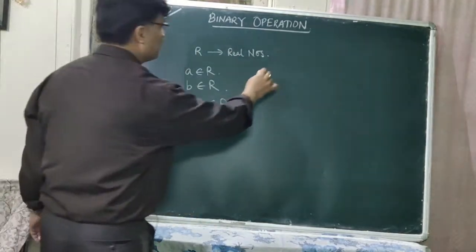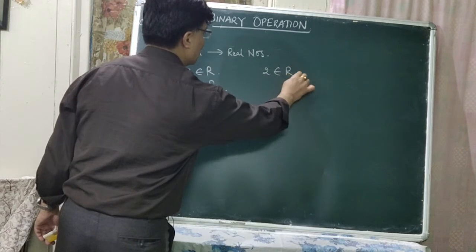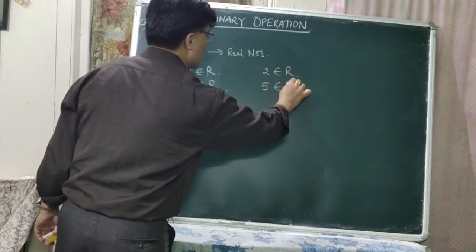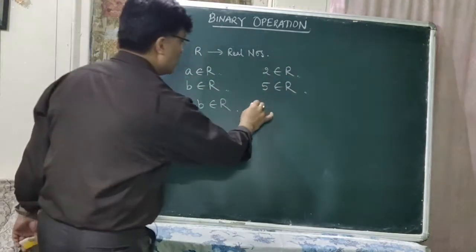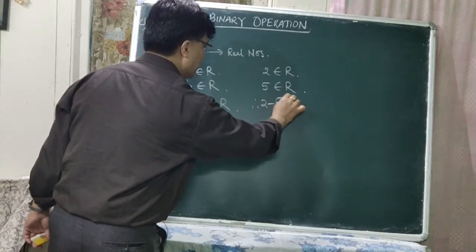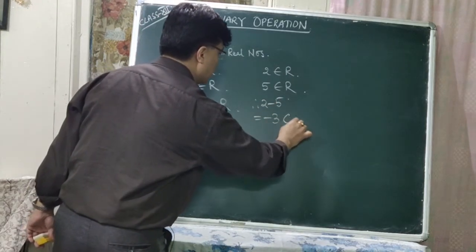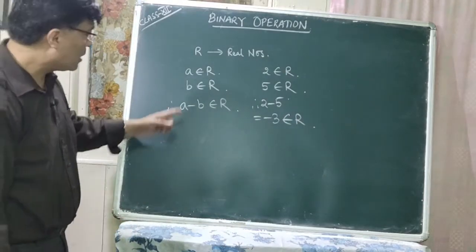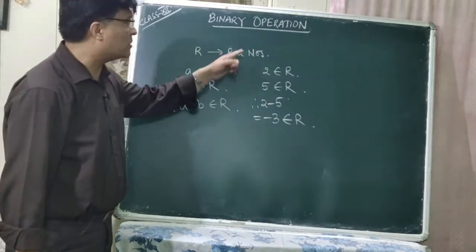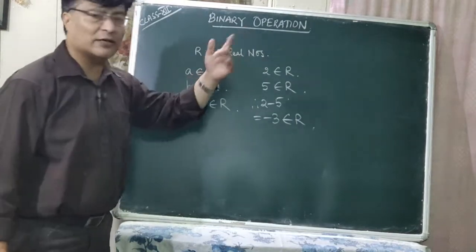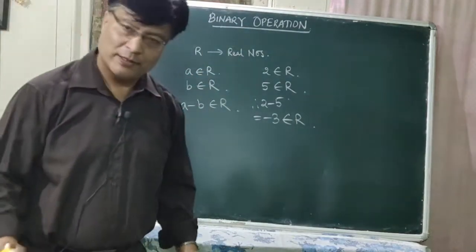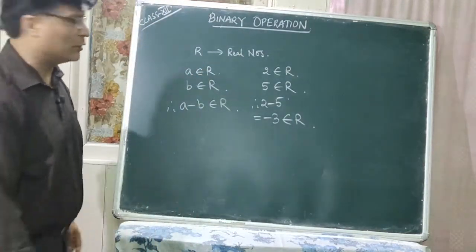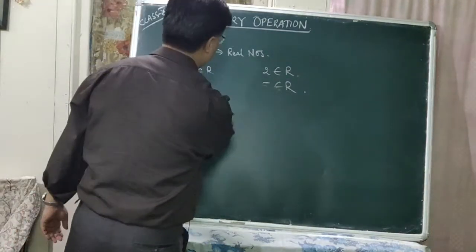So if you take 2 belongs to real numbers and 5 belongs to real numbers, then 2 minus 5 is equal to minus 3, which also belongs to the set of real numbers. That means this subtraction operation is a binary operation on the set of real numbers. So I think you have understood it. Next example.